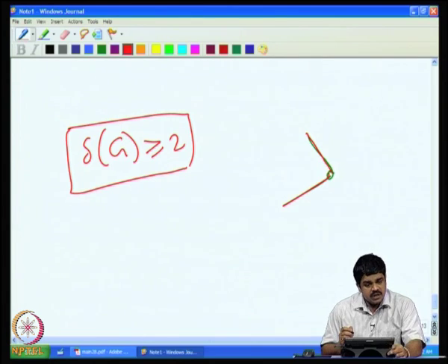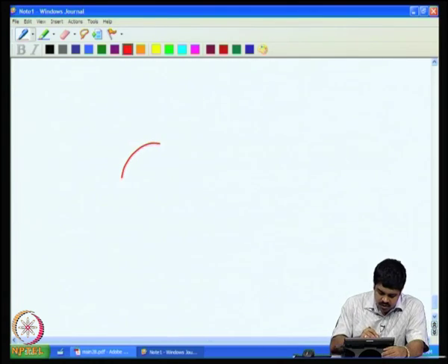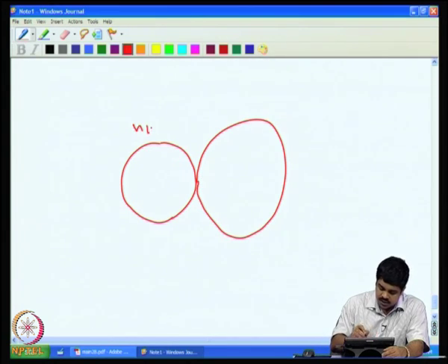So, does it mean that if we increase the degree of the graph, we can always get a Hamiltonian circuit? That is also not correct. For instance, you can construct a graph like this. Suppose we have n1 nodes here, n2 nodes here.